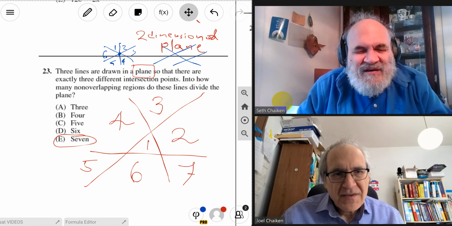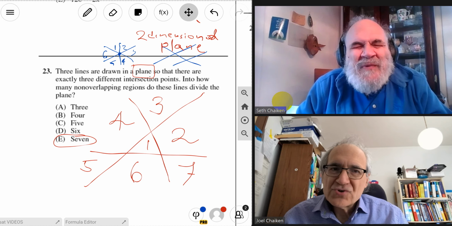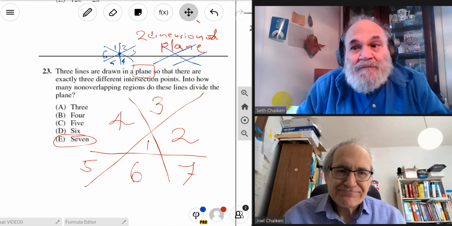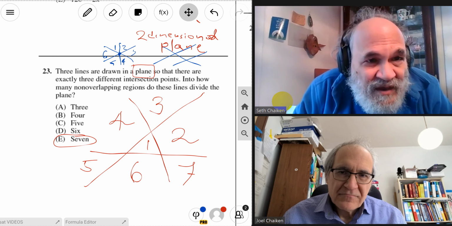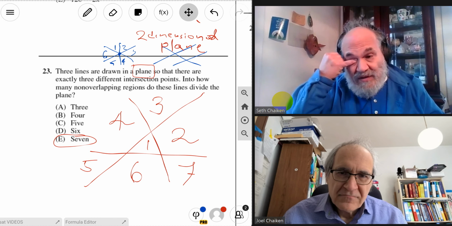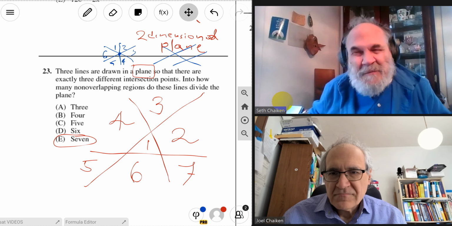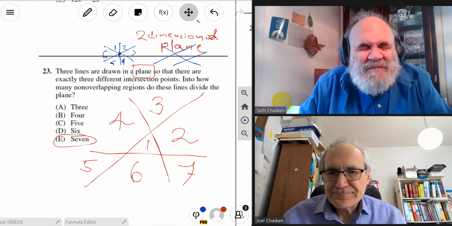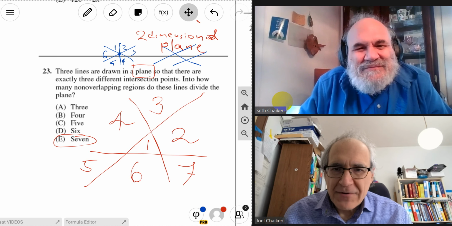It's a question about imagination and visualization, and realizing that every configuration of three lines in the plane with exactly three different intersection points generally looks like that. There's one bounded region, a triangle, and then 6 unbounded regions. Okay, so I guess that's it.